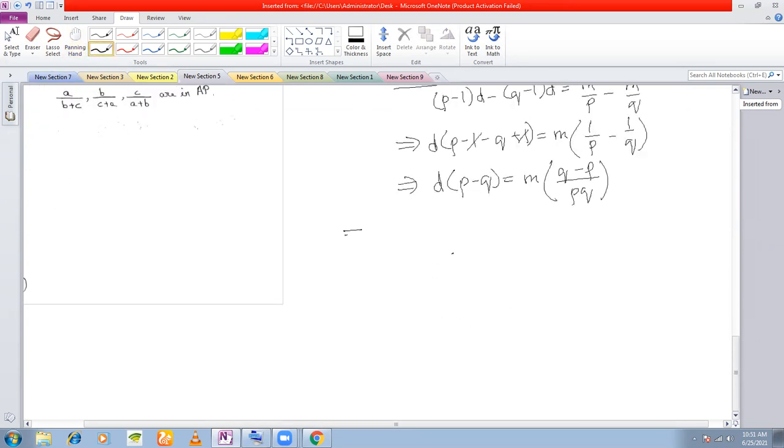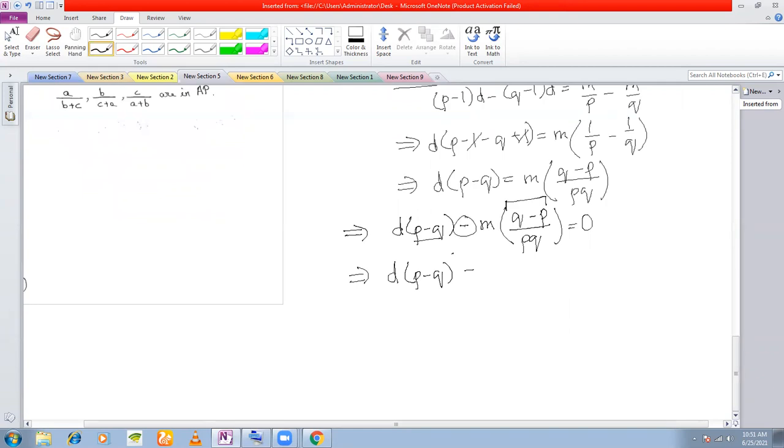Now we're going to solve for d. So what you do is you take everything on the left hand side. So you can write this as d times p minus q minus m times q minus p divided by pq must be equal to 0. That means d times p minus q, now see, I have p minus q here and I have q minus p here.